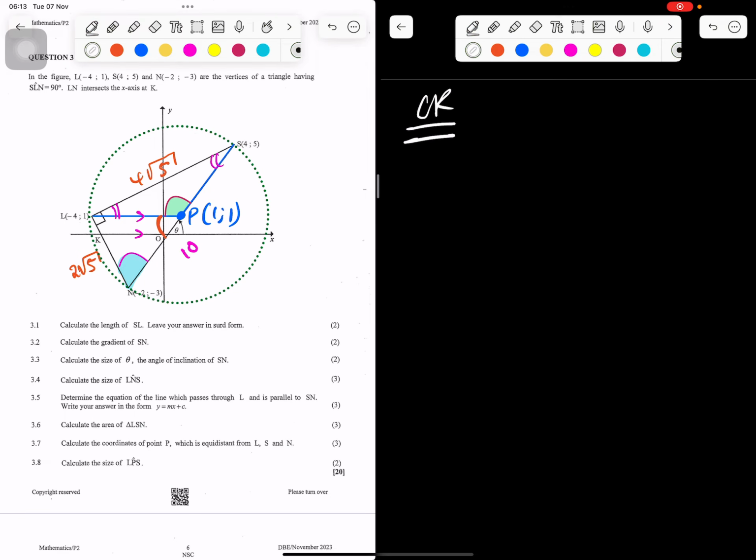So now let's find angle S in the big triangle. So if you find angle S, this should be 180 degrees minus 90 plus angle N. So angle N, we got it to be 63,43 back then. So this is going to give you something.